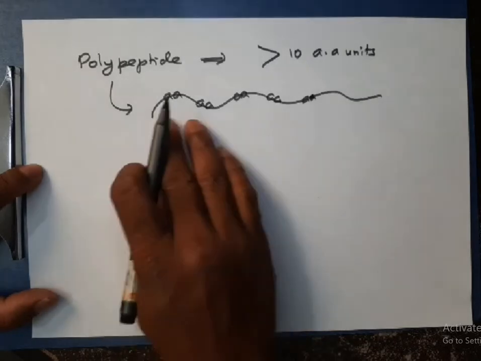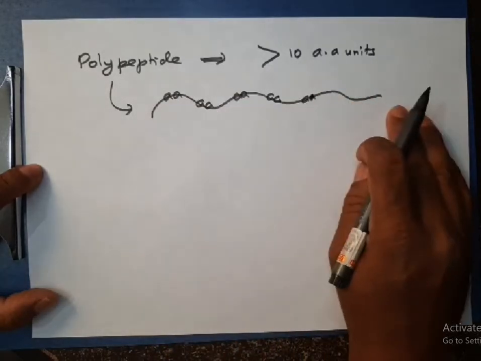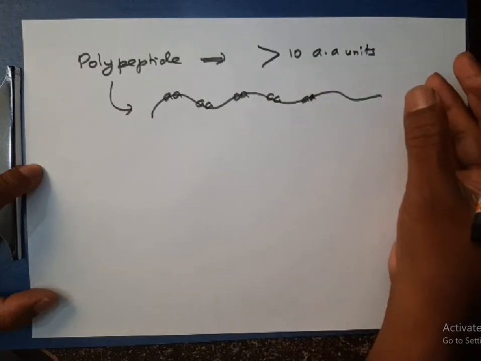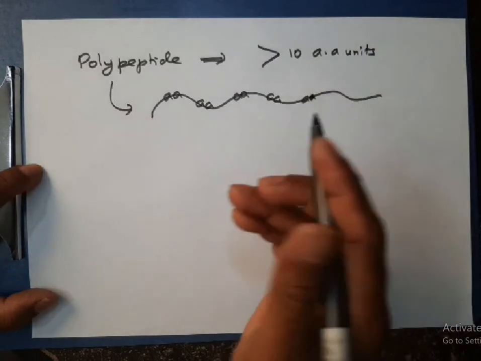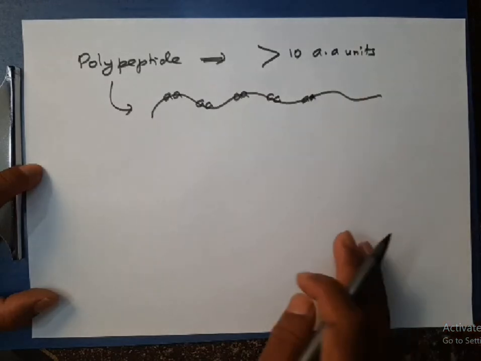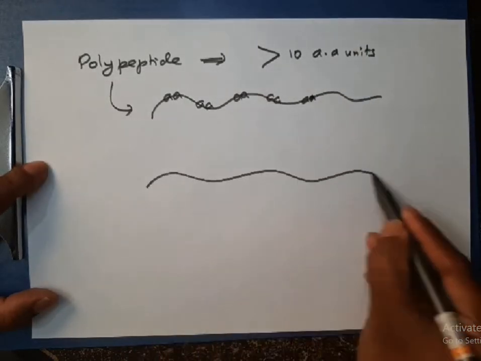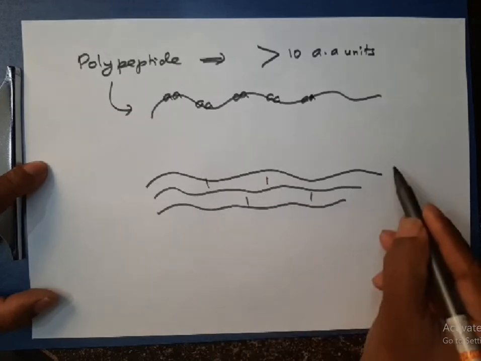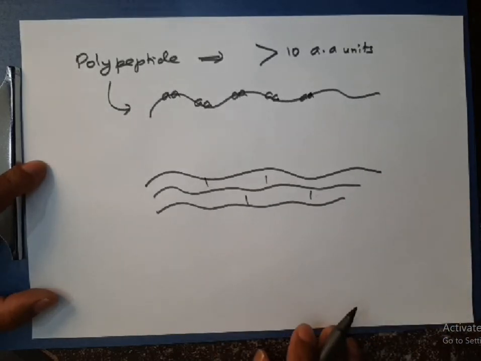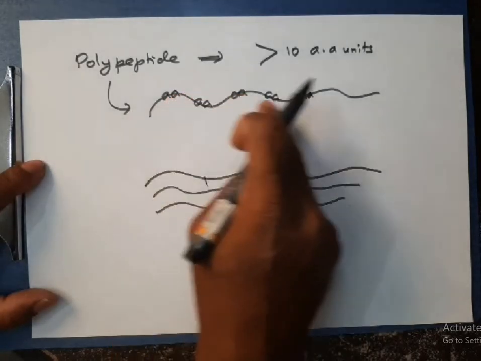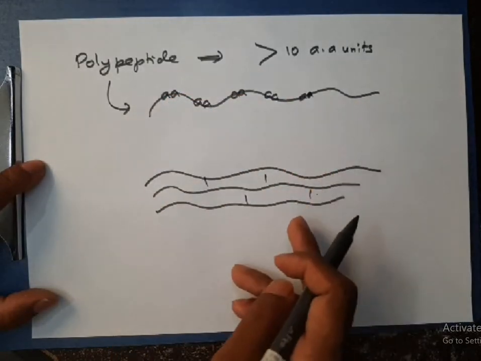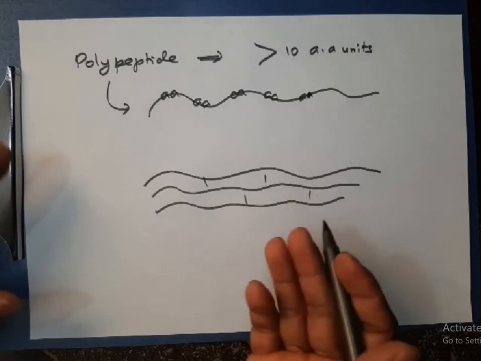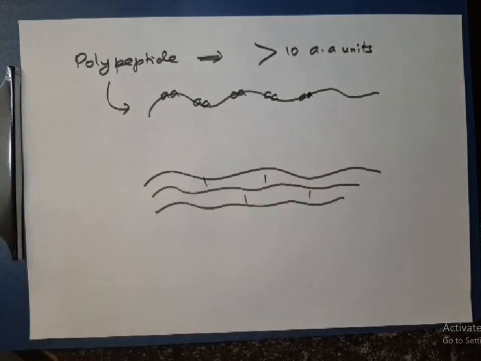Sometimes a single polypeptide chain forms a protein, and sometimes many polypeptide chains join together and form a protein. So a protein may be a single polypeptide chain, or may contain many polypeptide chains together. It depends upon the protein.